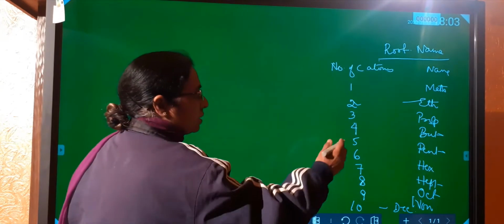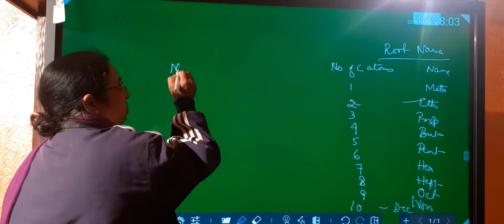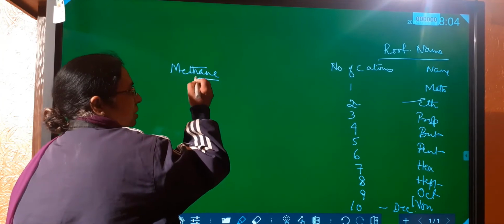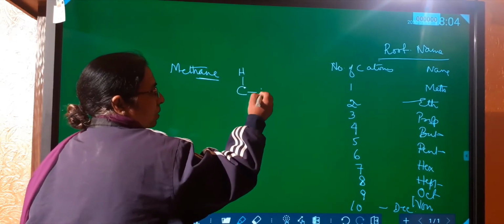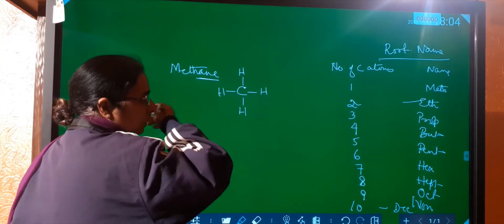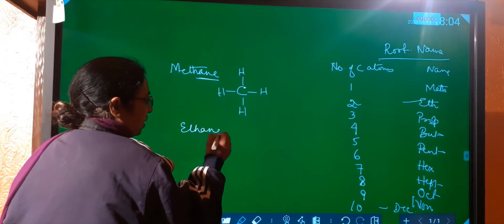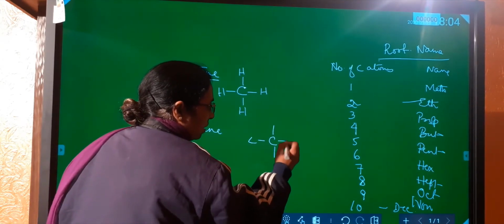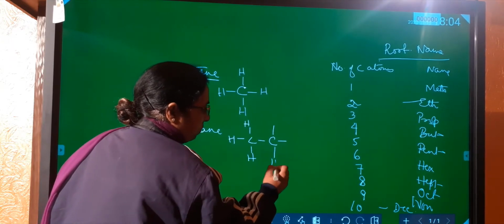Now let us write about this. Say we have to write the formula of methane. This is an alkane, methane. So we will write 1 carbon and fill up the tetravalency of carbon, that means carbon should make 4 bonds. So this is methane. If I have to write ethane, it is a 2 carbon compound, and again fill up the tetravalency of carbon.